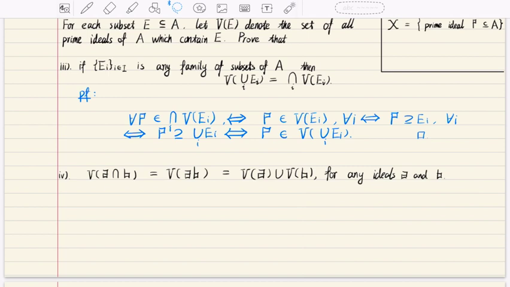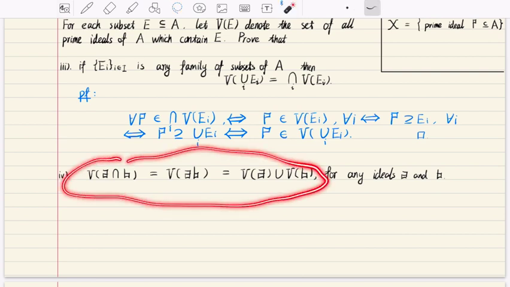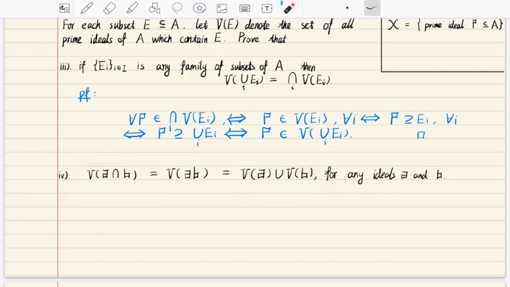We have seen the intersection of any number of this kind of set of A. And for the next question, we will see the union of two of them. As you can guess, if we can prove this identity for the union of two, we can prove the same identity for the union of any finite number.